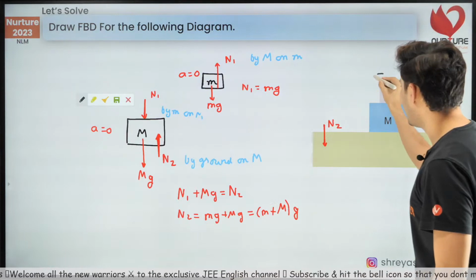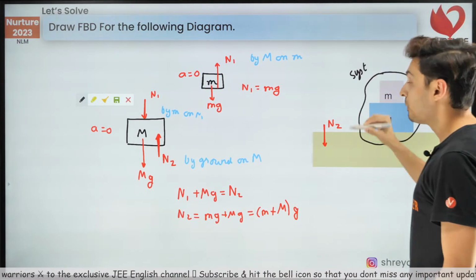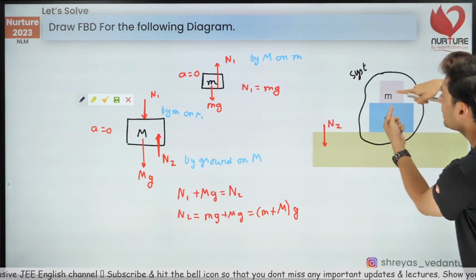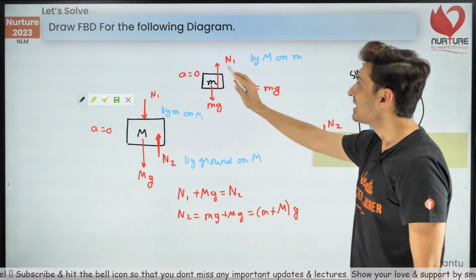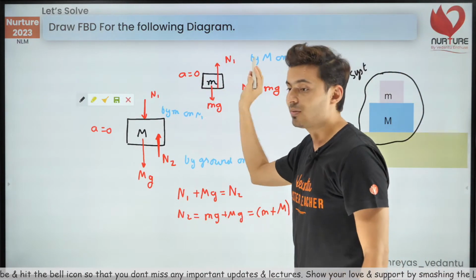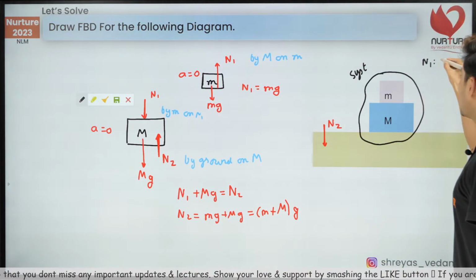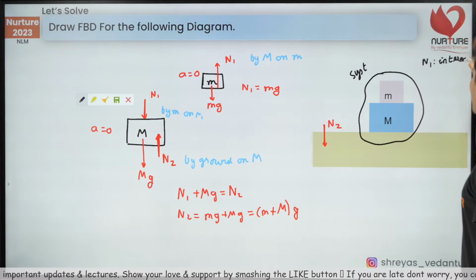If somebody decided to take both the blocks as a system, then the force between the blocks, small m and capital M, what is that force? That's N1. This N1 will become an internal force. That's very, very important to note.